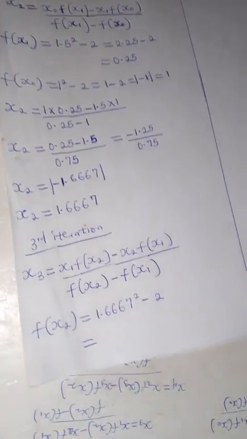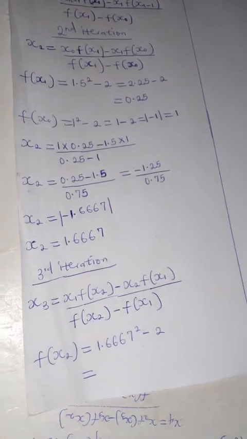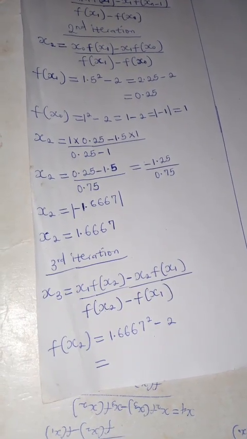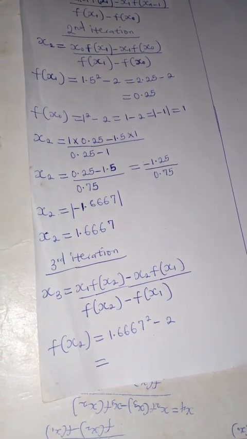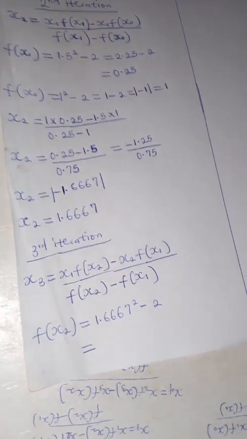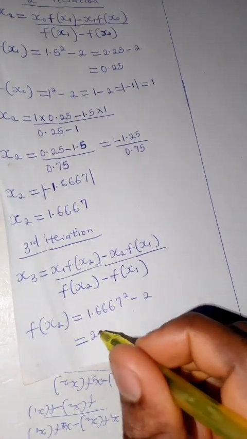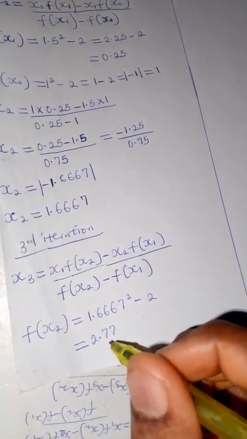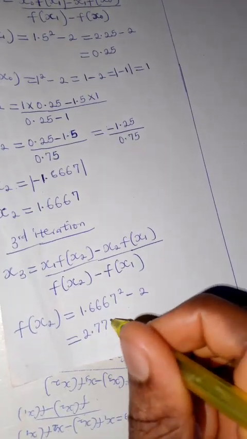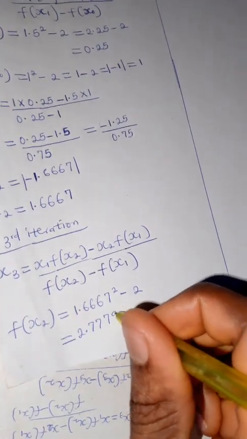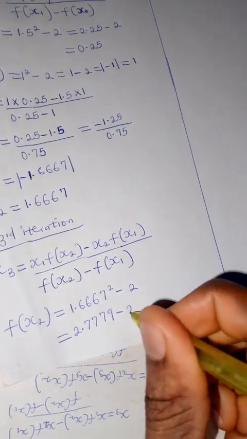Now if we take 1.667 times 1.667, that's 2.7779, minus 2.